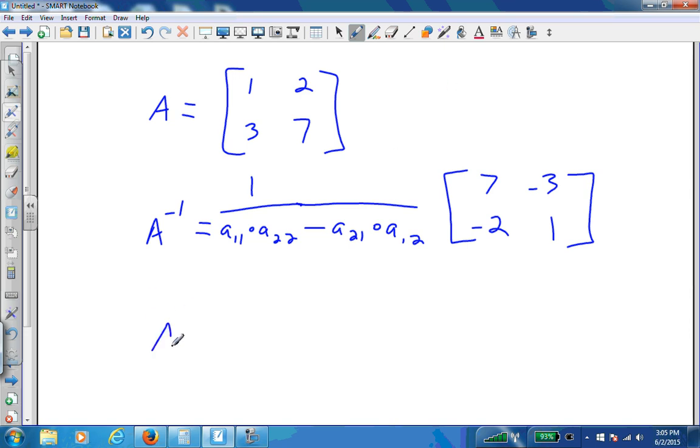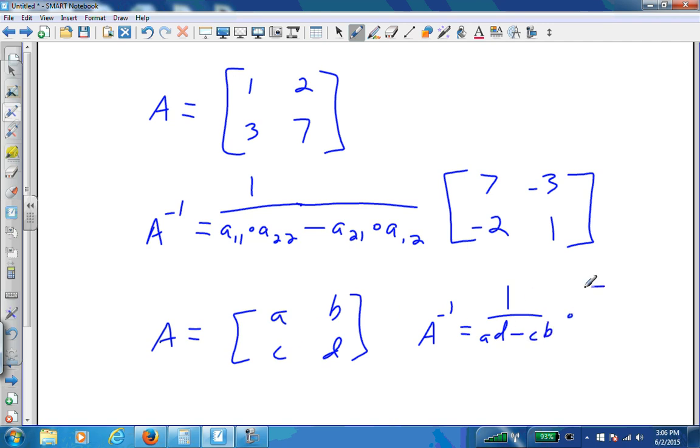So in general, if our matrix is A, B, C, D, then the inverse can come from doing 1 over A times D minus C times B. That's our scalar times the matrix. Swap A and D, swap C and B, and change the signs.